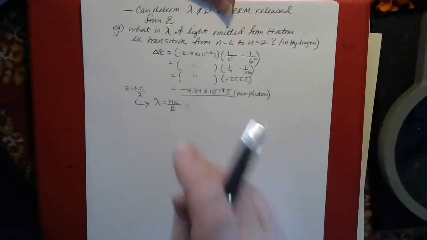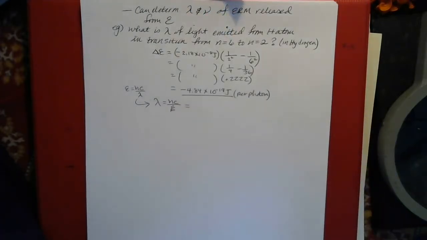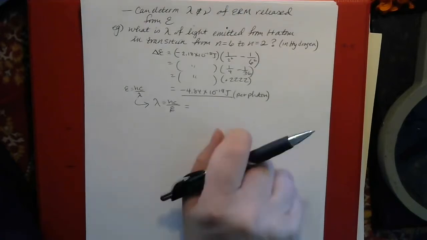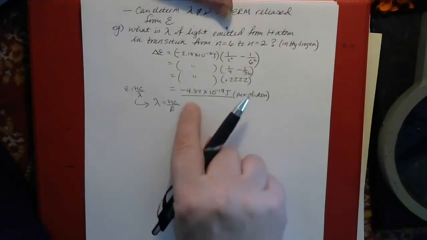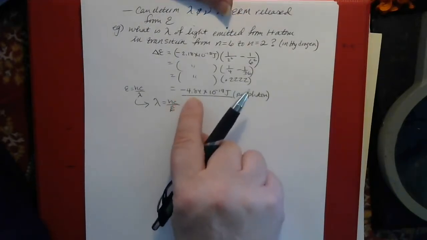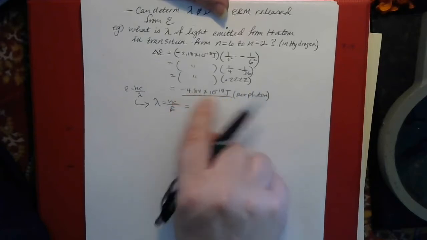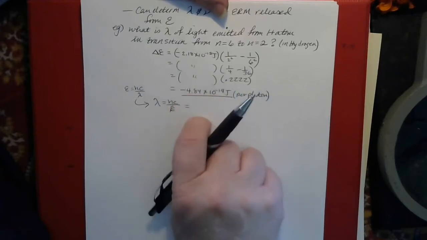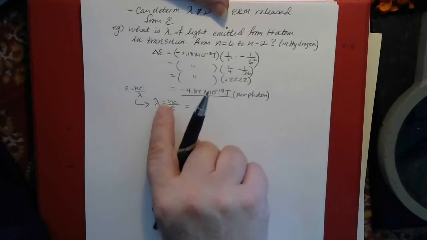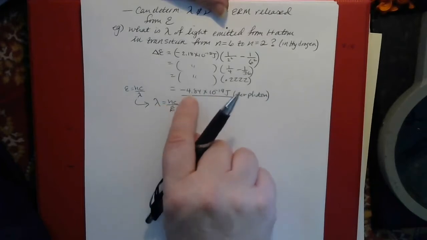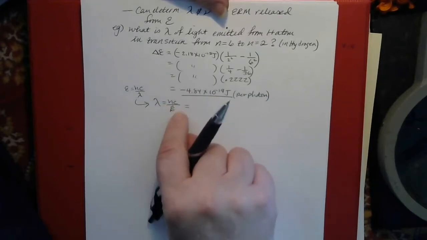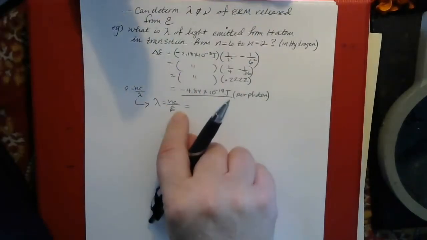So we're just looking at the energy of the photon now. The negative number was the change in energy of the atom. So the atom lost this much energy. That's why the number is negative. The energy that goes into this equation is the energy of the photon that was released from the atom.